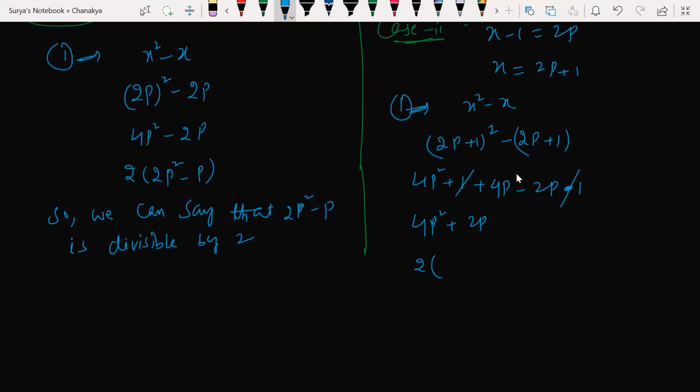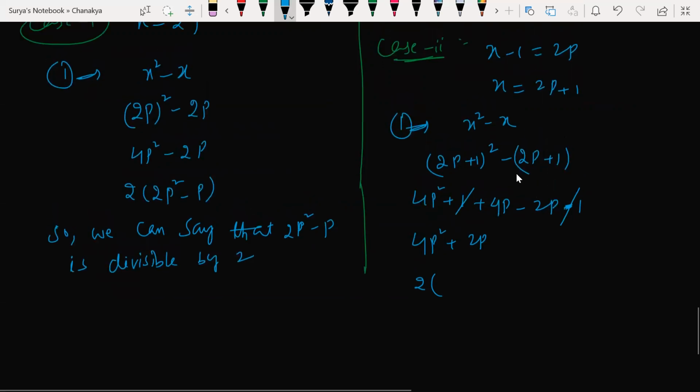Am I correct? Is there any mistake? We made a calculation mistake. Check the a square plus b square. Okay, so what can I take common now? 2 common. So 2p square plus p.